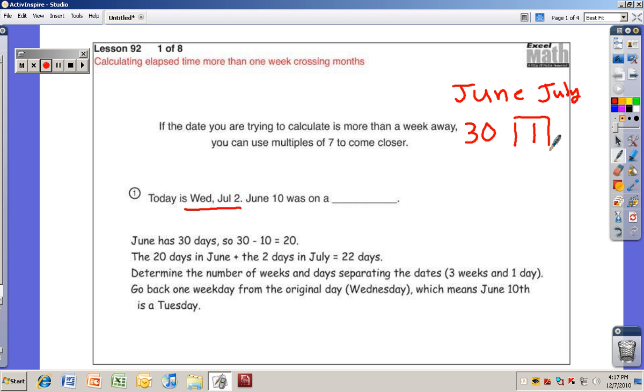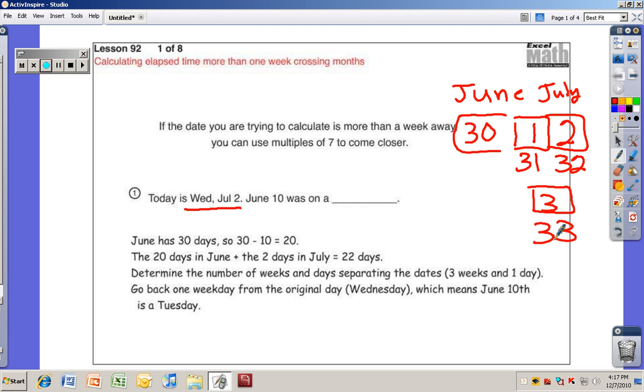Then this day right here would actually be June 31st. And then July 2nd would be June 32nd. And then July 3rd would be kind of like June 33rd. Now I know those dates don't exist, but we're going to do it that way to make it a little bit easier to do the math.